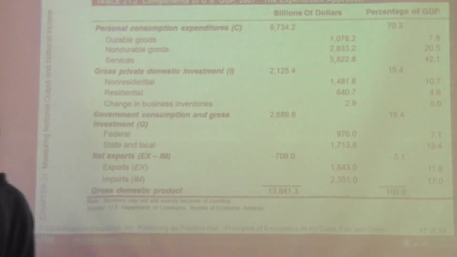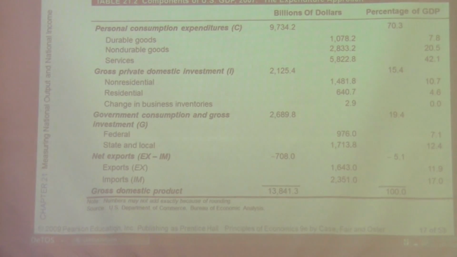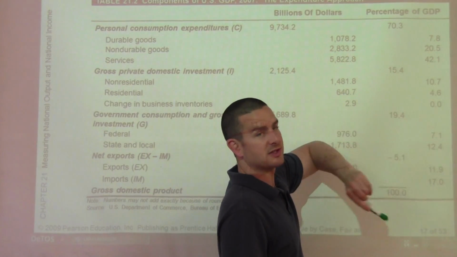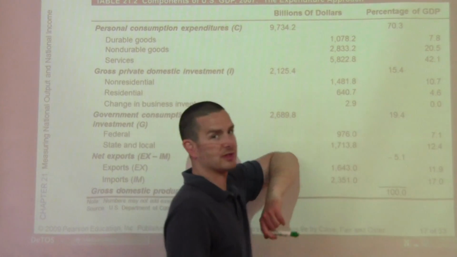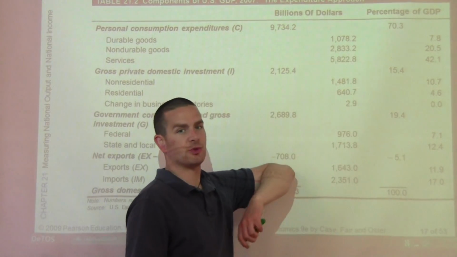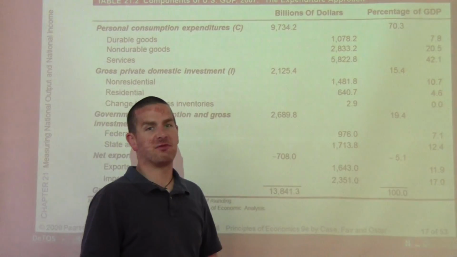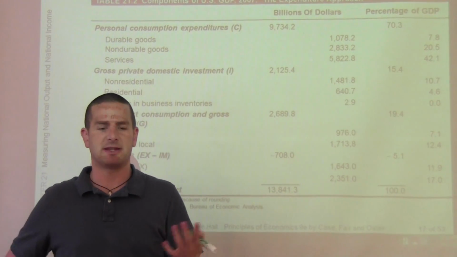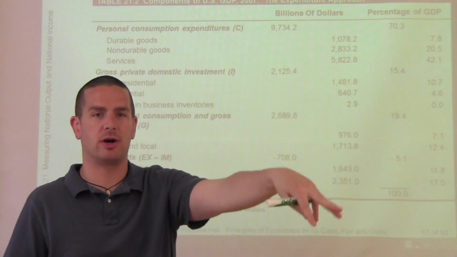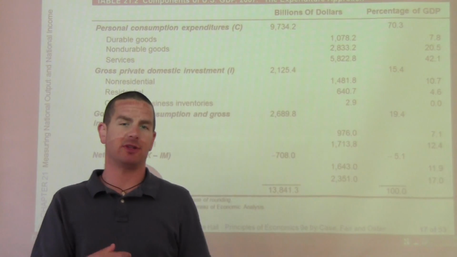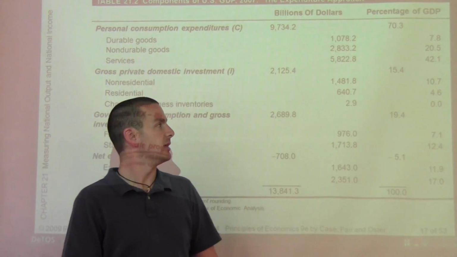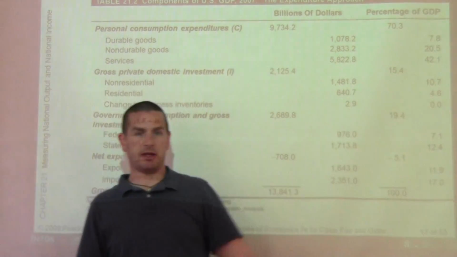If you add up 70% consumption, 15% investment, 20% government, and negative 5% net exports, which is a leakage because we're sending money abroad without getting it back, it all adds up to 100%. So these are just the components of GDP.